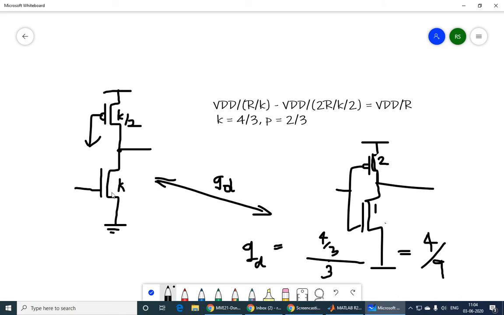So whatever you have for the input capacitance, you just have to divide that by 3 and you will get the logical effort for the pull down network. Okay. And generally GU we don't care because that is happening through this network which is always on. So we calculate only GD.